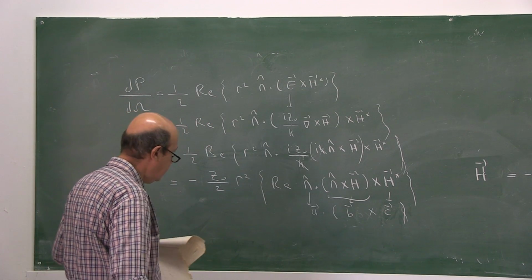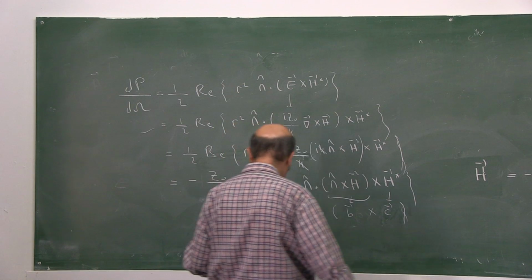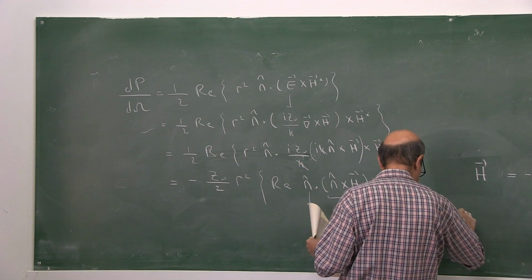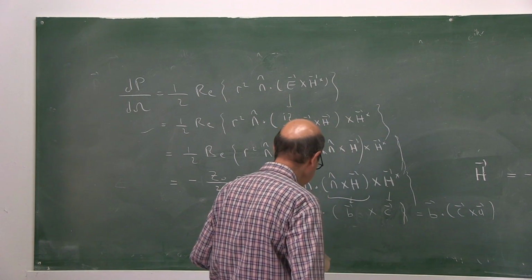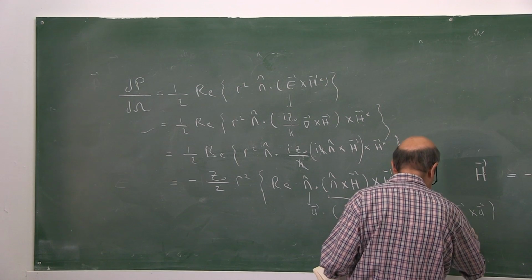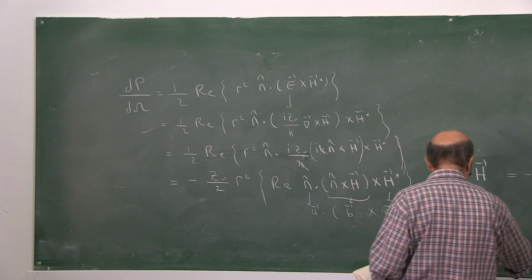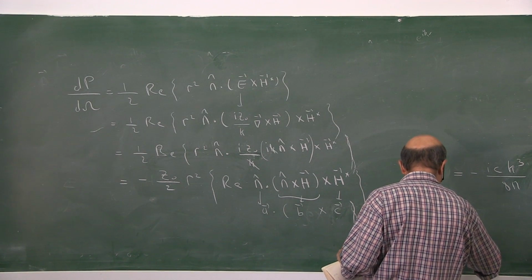So think about A dot B cross C. This is equal to B dot C cross A, and B dot C cross A is equal to n cross H dot H complex conjugate cross n.